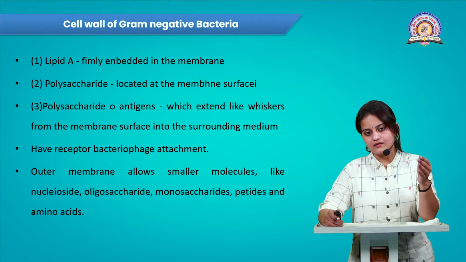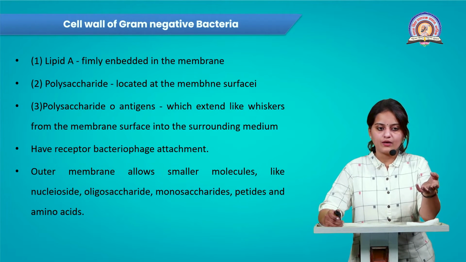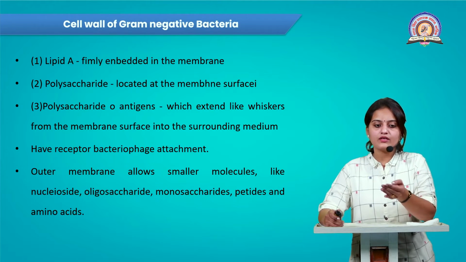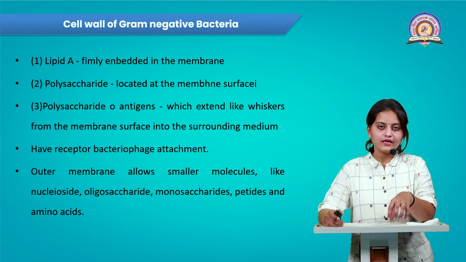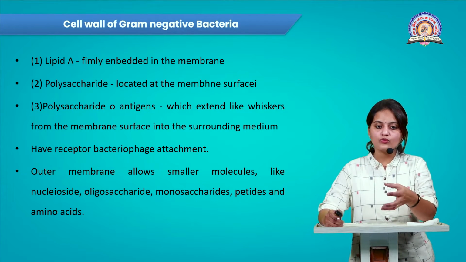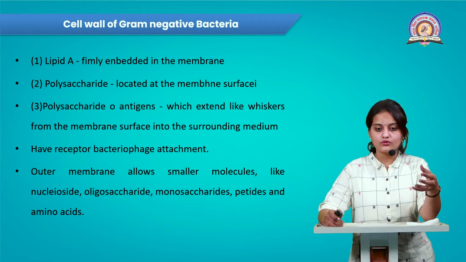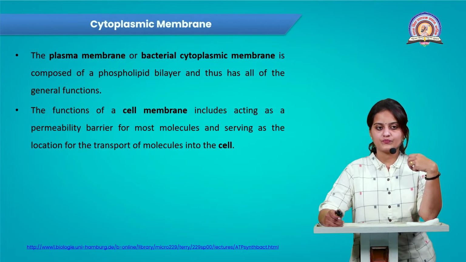Such assembly is to protect the cell from the environment. They have receptors for bacteriophage attachment, which means they are very susceptible to bacteriophage. The outer membrane allows smaller molecules like nucleosides, oligosaccharides, monosaccharides, peptides as well as amino acids.